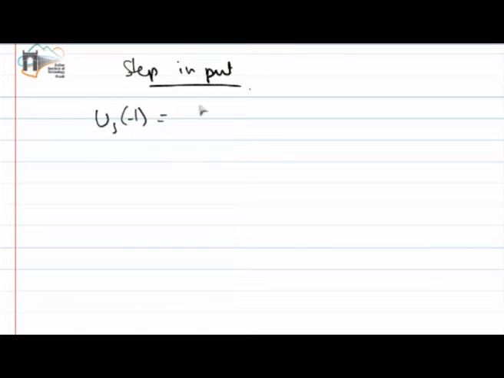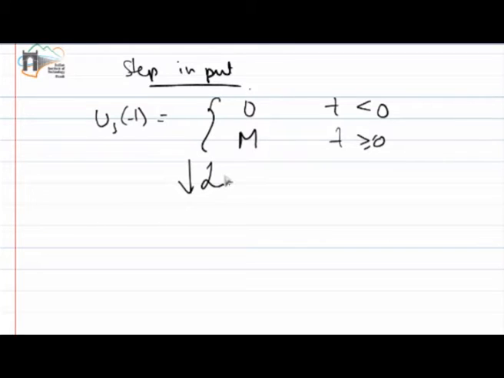This is how you mathematically define the step input. You have the value 0 for time t less than 0, and you have some constant, let's say m, for t greater than or equal to 0. If you take the Laplace transform, you would have u of s as m by s.